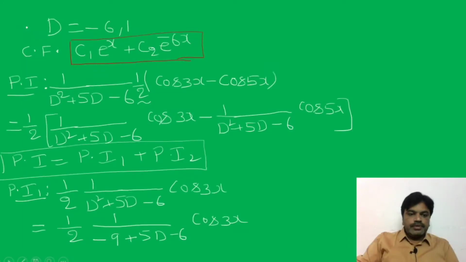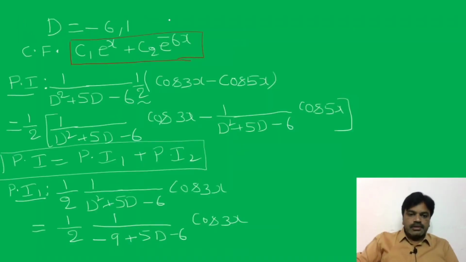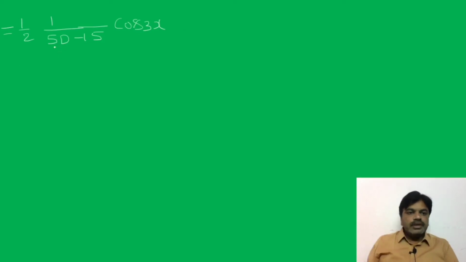So that is 1 by 2 into 1 by (5D minus 15) cos 3x. Here we can take 5 in common, so we get 1 by 5 into 2, 10, 1 by (D minus 3). Now, what is the rationalizing factor here, friends? D plus 3, very good.